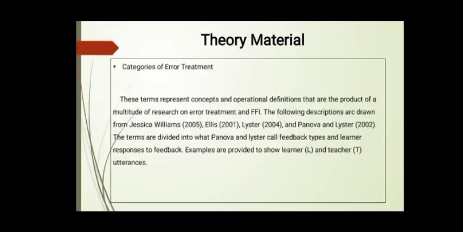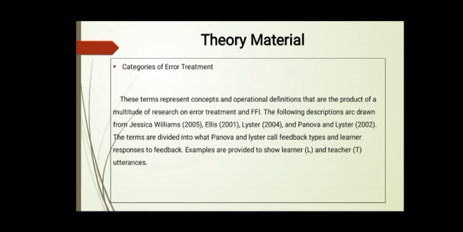Theory material. Categories of error treatment. These terms represent concepts and operational definitions that are the product of a multitude of research on error treatment and FFI. The following descriptions are drawn from Jessica Williams 2005, Ellis 2001, Lyster 2004, and Panova and Lyster 2002.